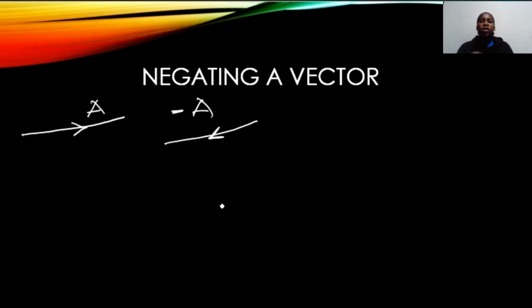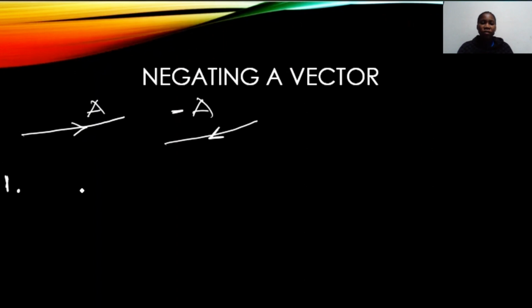And when we're dealing with this, there were some observations that were made. In the first observation, the magnitude of the vector remains constant. It's only the direction that changes.